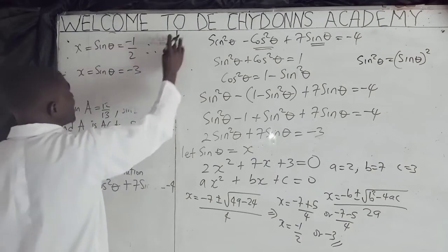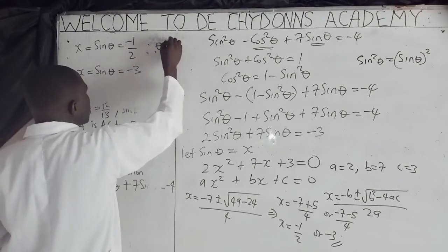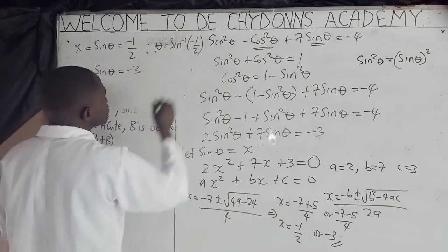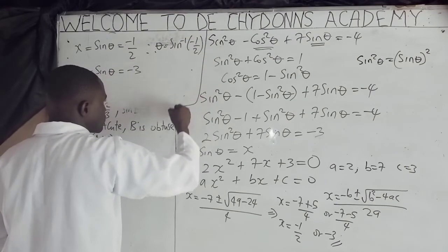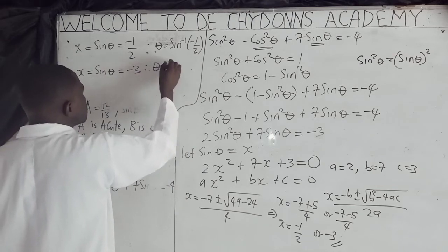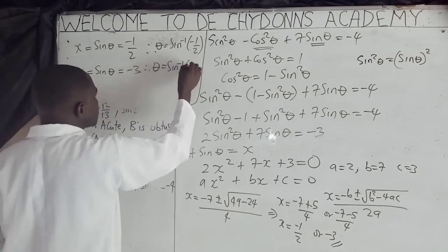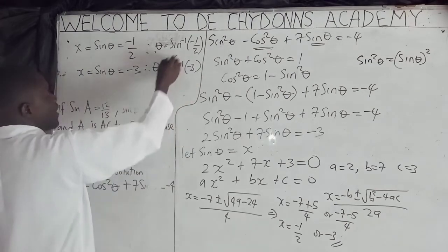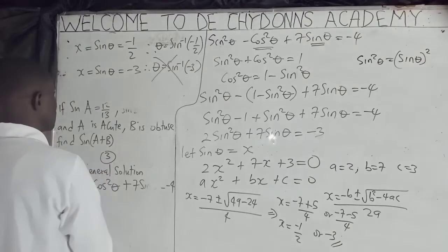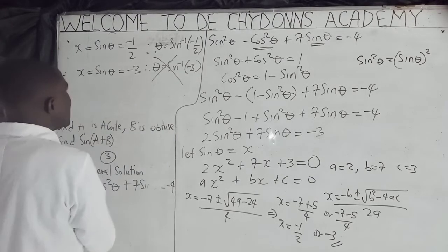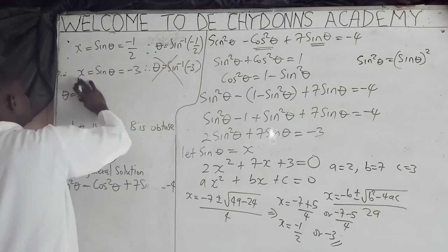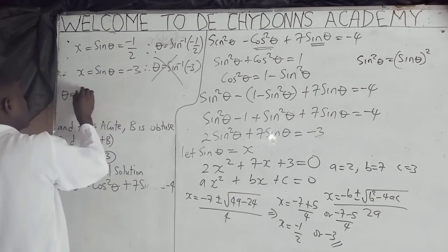Then this means that theta is equal to sine inverse of minus 1 over 2, whereas this one means that theta equals sine inverse of minus 3. Please, we don't have sine inverse of minus 3. So we take the first one and solve. Sine inverse of minus 1 over 2 will give you minus 30.